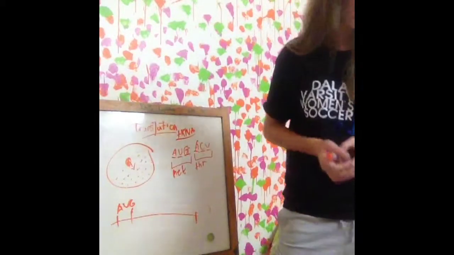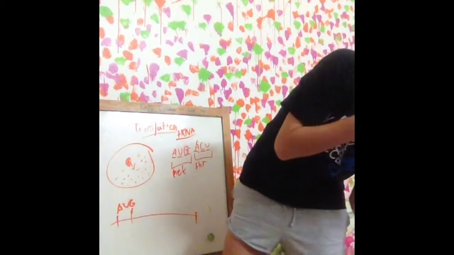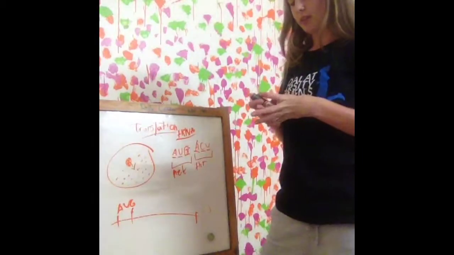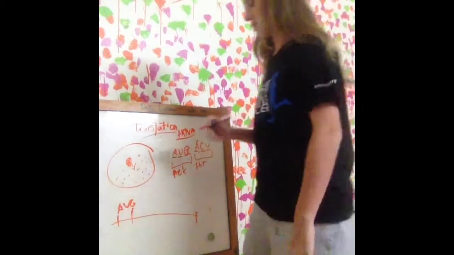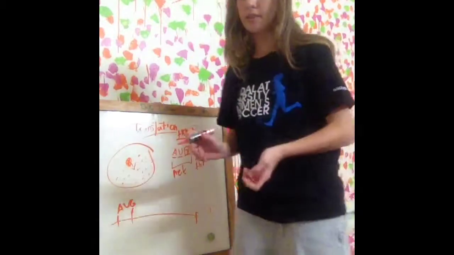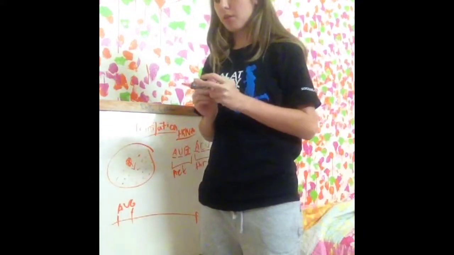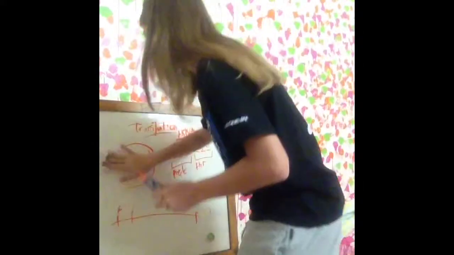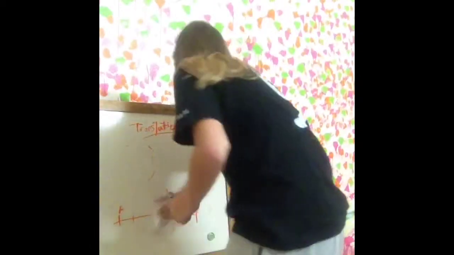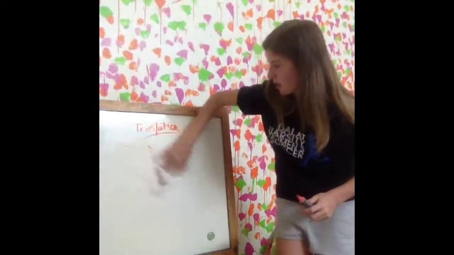And at the A site, these codons are added. So then there's something called an A site, which stands for amino site, and that's where the protein chain is elongated.